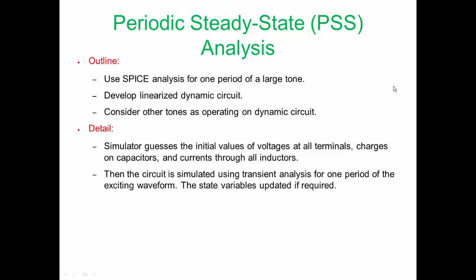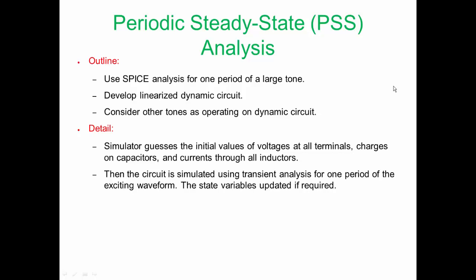Just as we did with harmonic balance, when we're doing our nonlinear simulation, we guess the initial voltages at all terminals in our circuit, so we do not partition our circuit into linear and nonlinear parts. In fact, that's a bit of a fruitless exercise when we're on an RFIC because everything looks as though it's nonlinear.